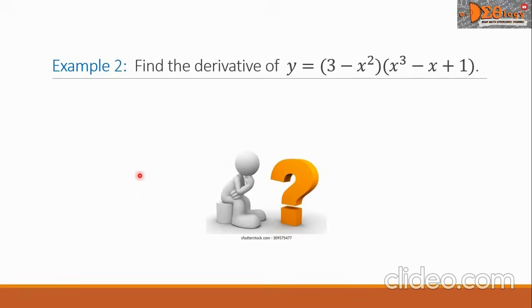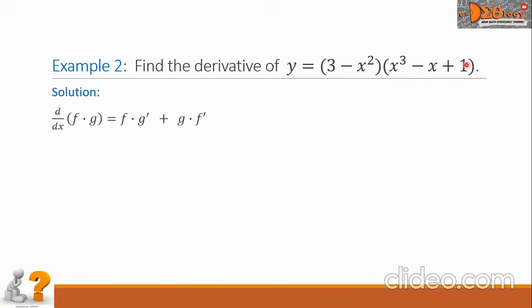Now, for example 2, find the derivative of y equals 3 minus x squared times the quantity x cubed minus x plus 1. For our solution, let us write the formula of the product rule.